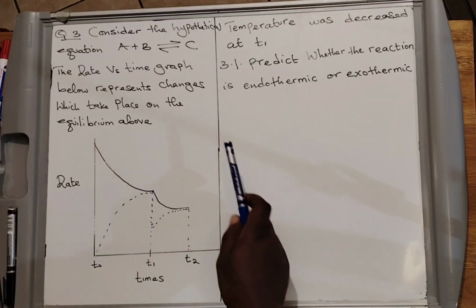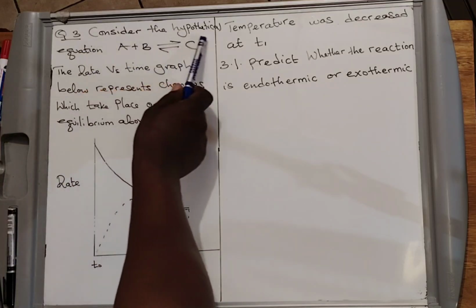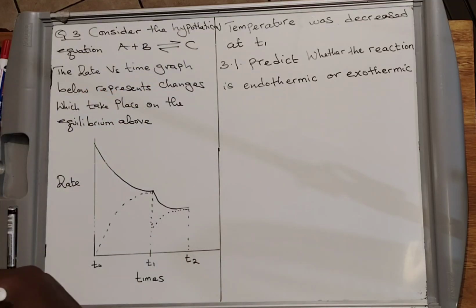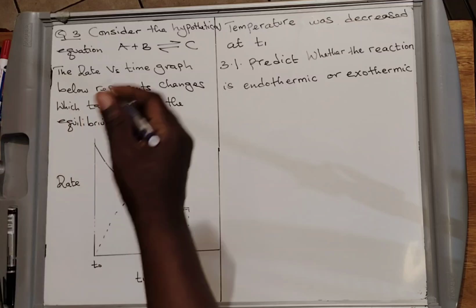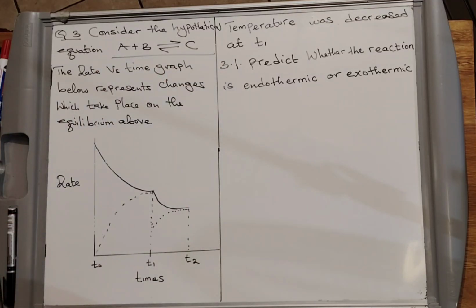Okay, we are having this case. It says, consider the hypothetical equation shown. This is it: A plus B giving you C. The rate versus time graph below represents changes which take place on the equilibrium above.